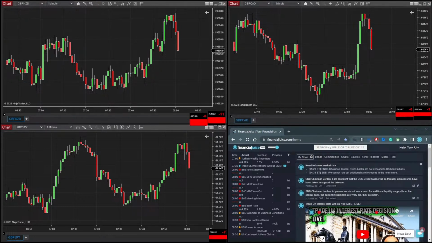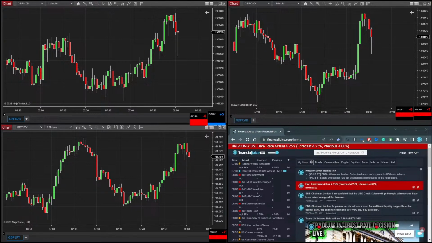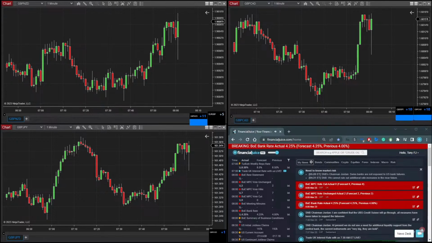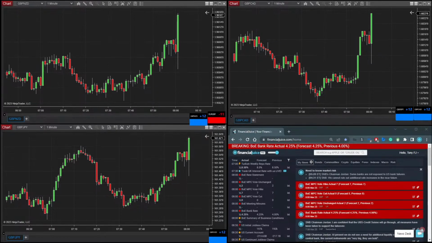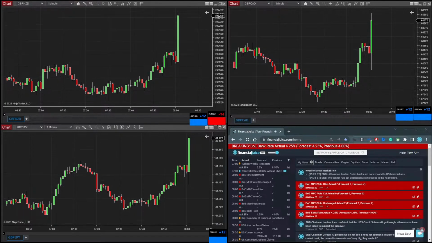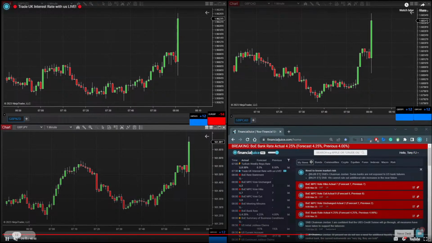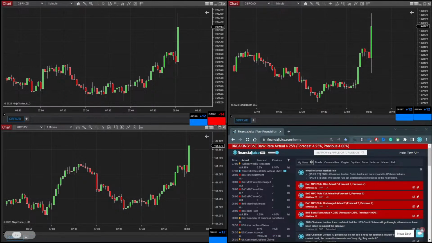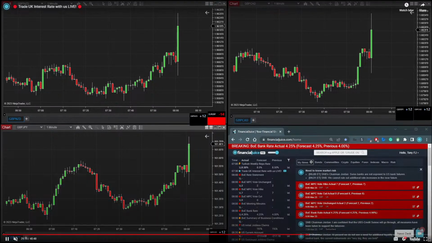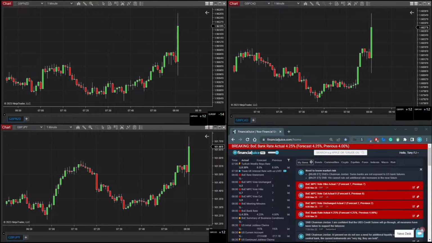So the figure comes out, and there is a little bit of a downside move on the pound initially, but then it quickly turns around and goes the opposite way. So we see the pound accelerating in strength rather than that initial dip. Now, that's because traders are sifting through what the rate statement has said.